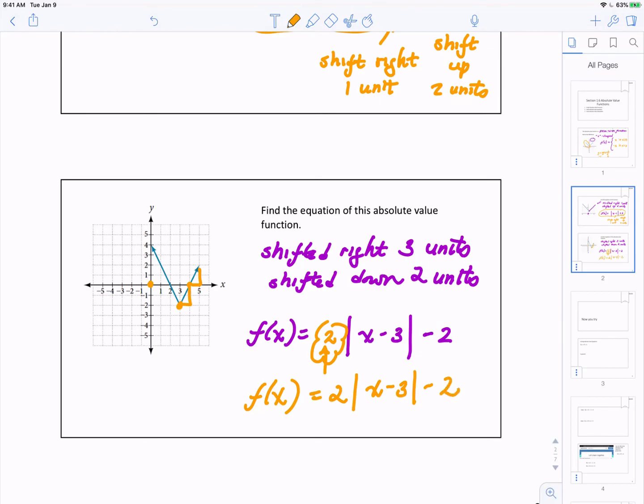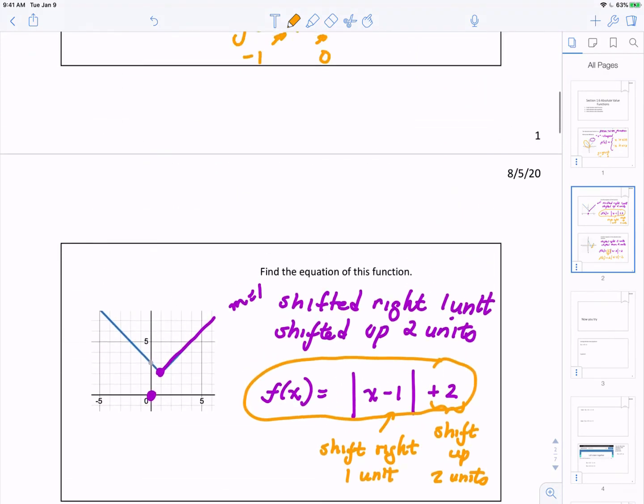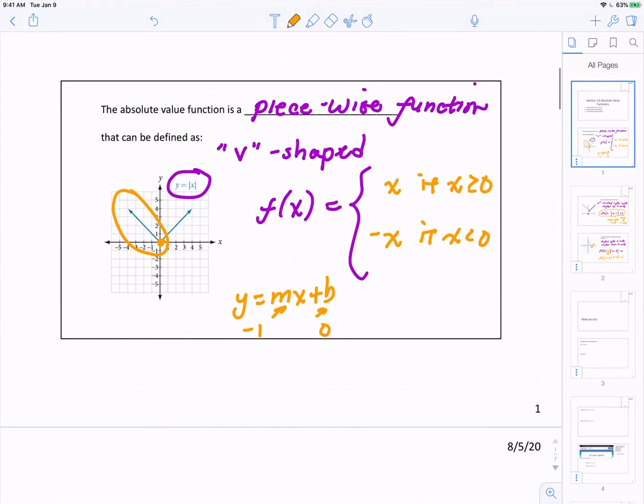So to summarize, absolute value functions are piecewise functions, always shaped like a V. The classic absolute value function looks like this, a V where the vertex of the function is at 0, 0.